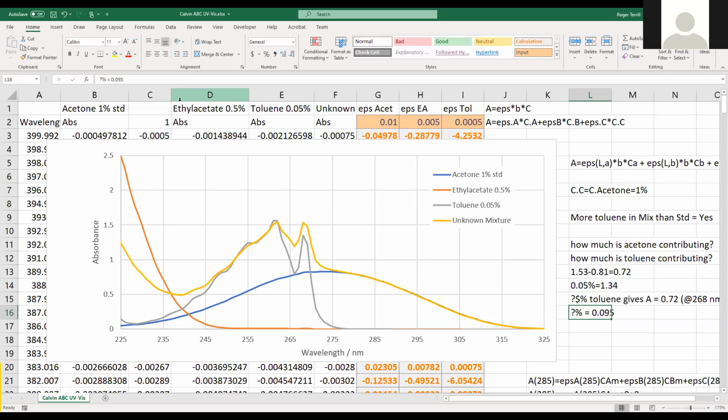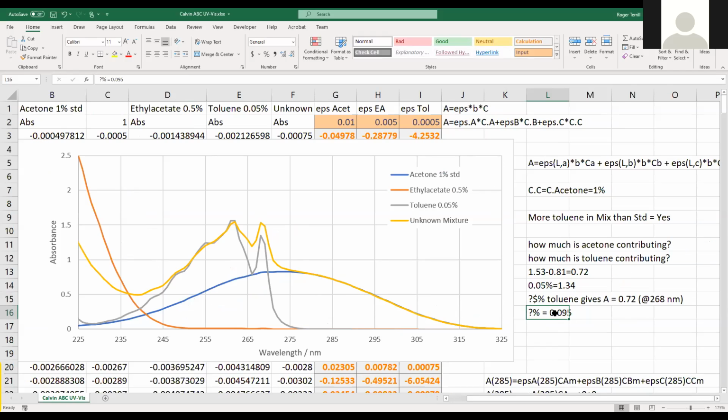If 0.5% gives 1.34 absorbance, so it's about 0.1%, because 0.72 times 2 is roughly 1.34, right? Yeah, okay, that's what I thought. It's close to 0.1%, right? Okay. It turns out I was actually right there with you the whole time. I just didn't realize it. Oh, good. Excellent.